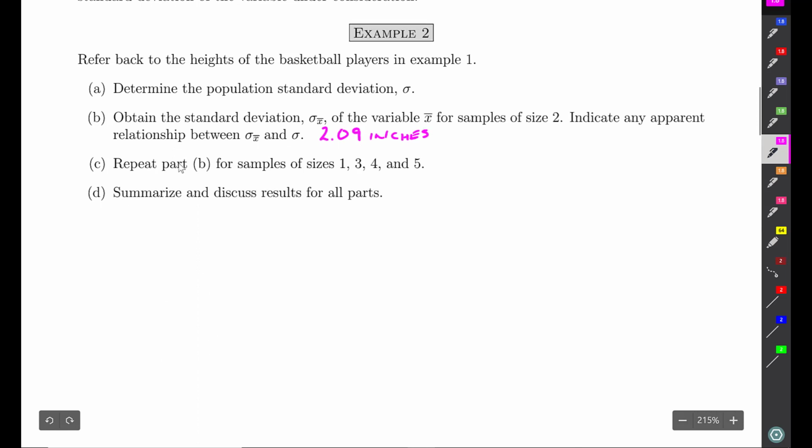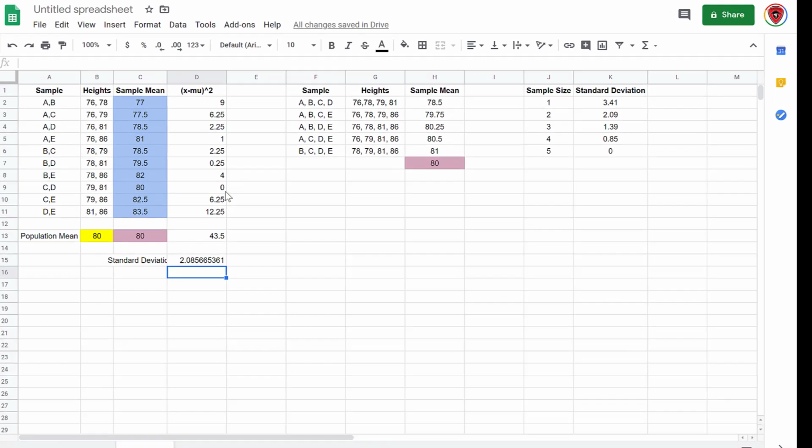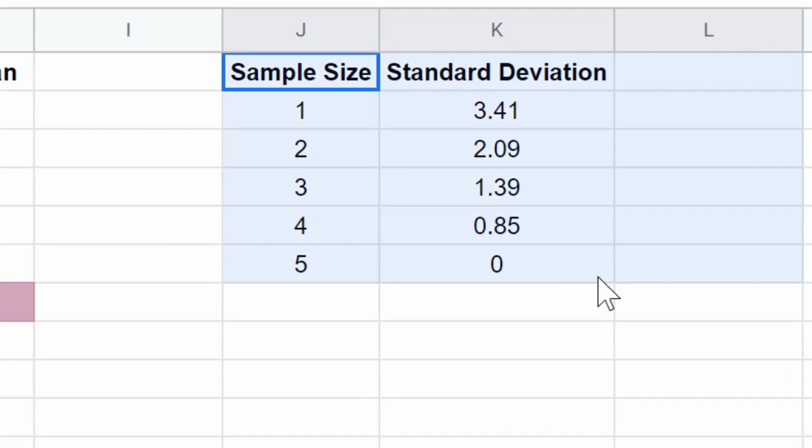And then it says repeat part B for samples of size 1, 3, 4, and 5. Well, rather than walk through that same step process over and over again, I've already calculated those right here. We have sample size 1, which we did using just the manual calculation and the calculator at the end, and we came up with 3.41. Samples of size 2 is 2.09, which we just calculated using Google Sheets.